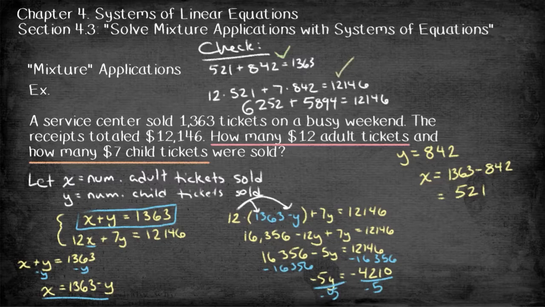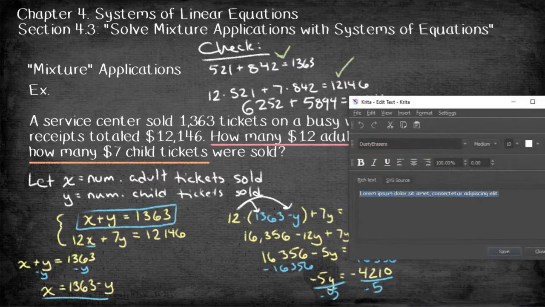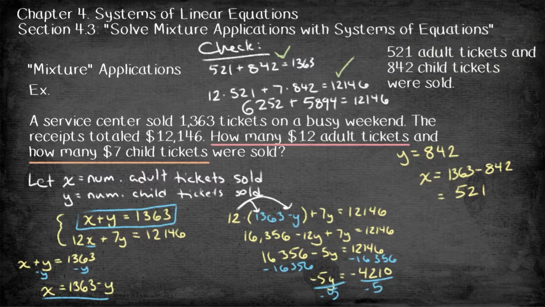Everything checks out, so let's write our sentence. So 521 adult tickets and 842 child tickets were sold.